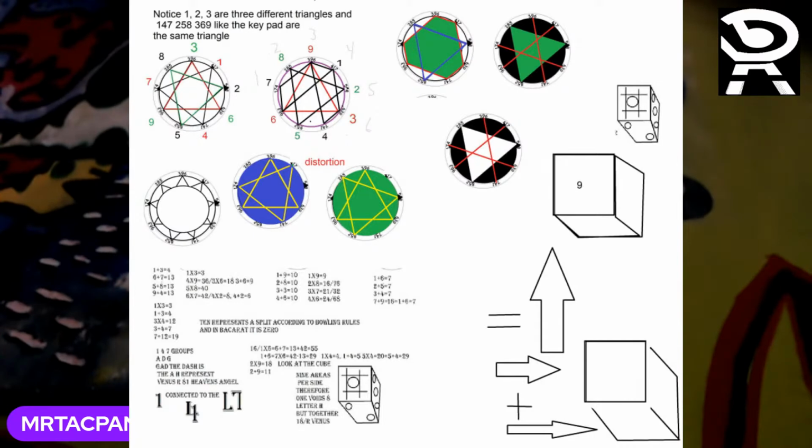And the one that says distortion, I did not connect in the blue one 2, 5, and 8. So the image seems like it's tilted over to the left. In the right one, I did not fill in 1, 4, and 7. And looking at the image, it is to the right. What is left-handed and what is right-handed?